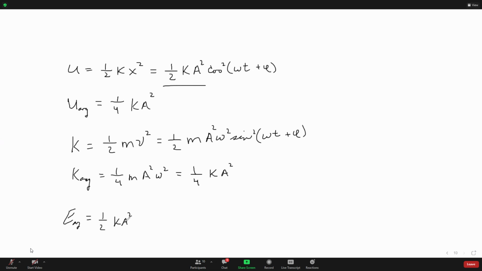Okay. Now let's look at an example of a simple harmonic oscillator that's a little bit different from the mass on a spring. But remember, if the equations are the same, it's going to be a simple harmonic oscillator.